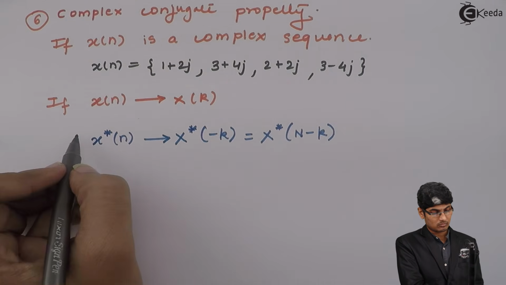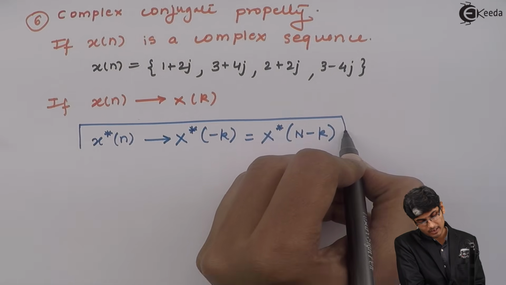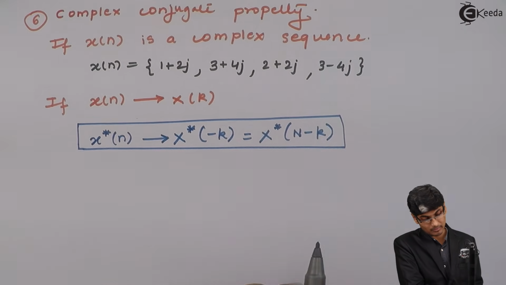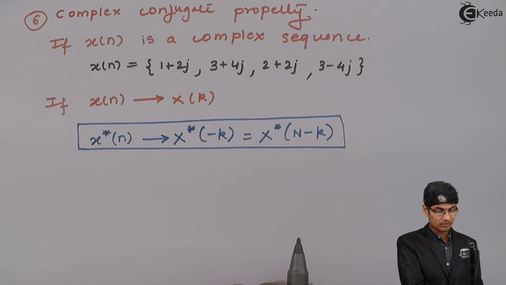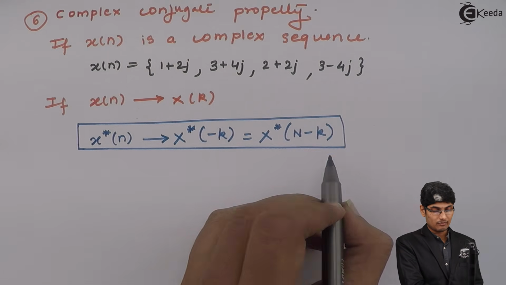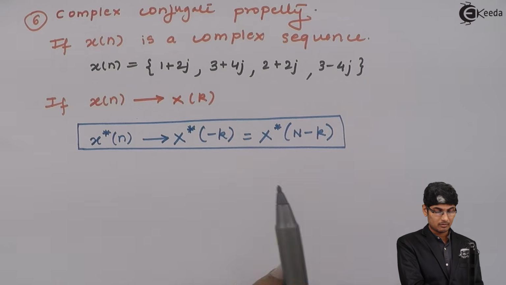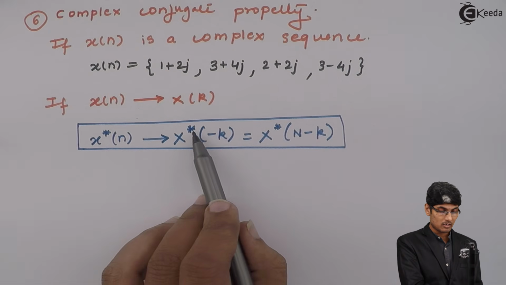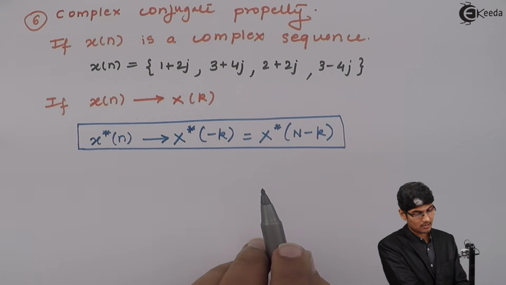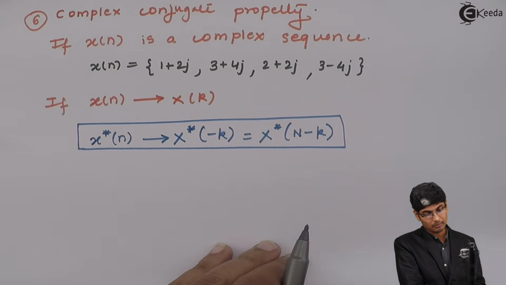So if we have an input sequence x of n as a complex number, and I take its conjugate, then my frequency X of k will be mirrored and conjugated. That is the complex conjugate property.